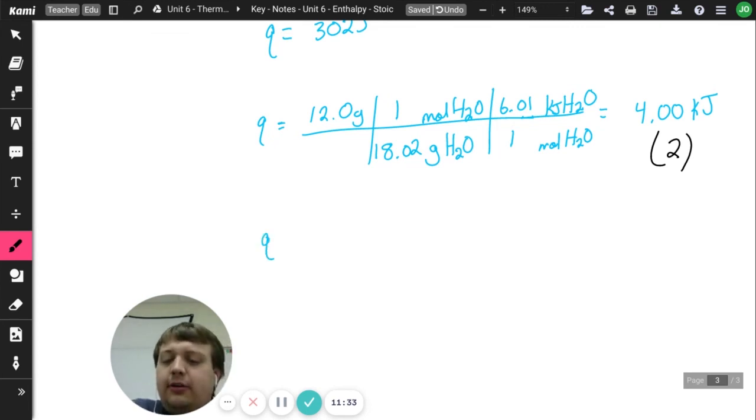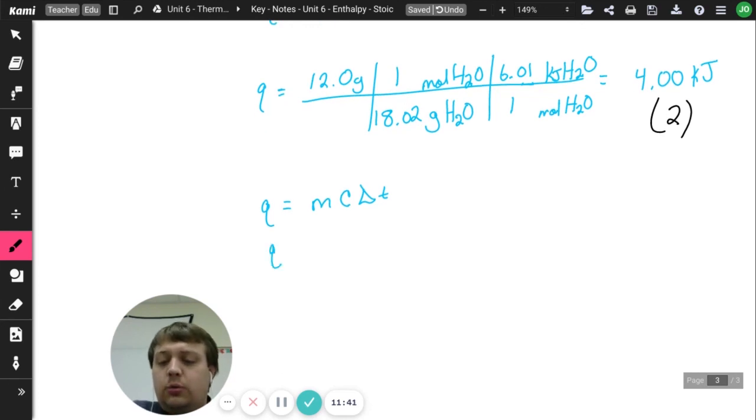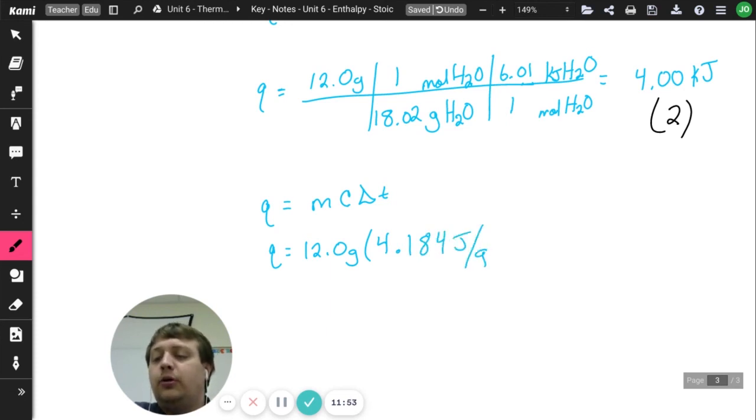So we're going to go back to using Q equals MC delta T, but this time we're in our liquid phase. So Q equals the mass, 12.0 grams, times the specific heat. This time, in the liquid phase, the specific heat of water is 4.184 joules per gram degree Celsius. And then I'm going to do the change in temperature.